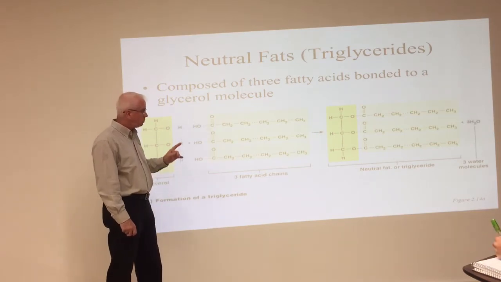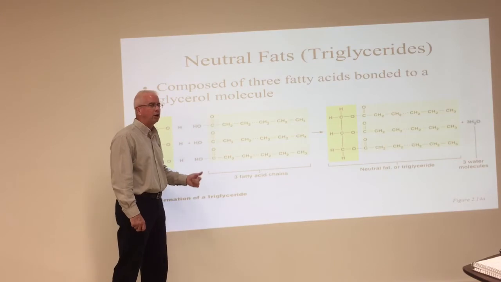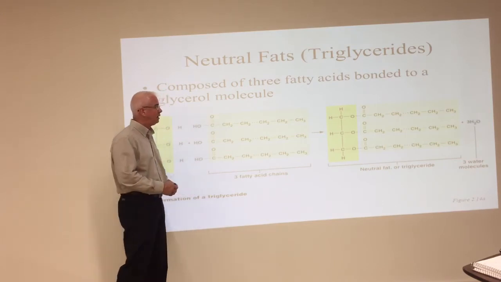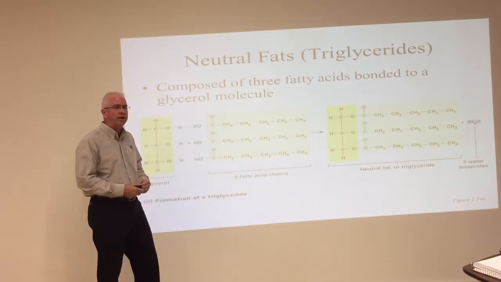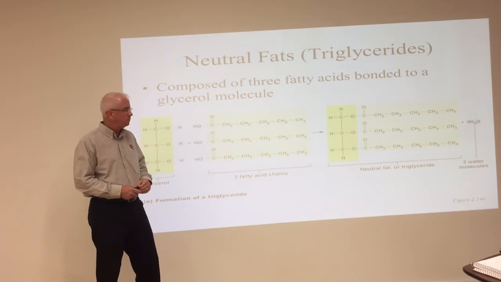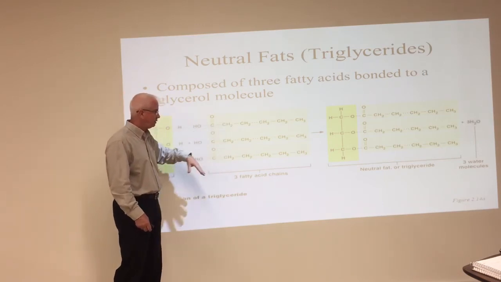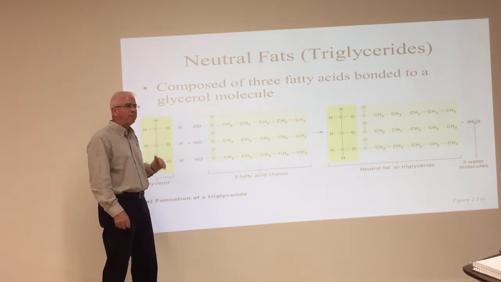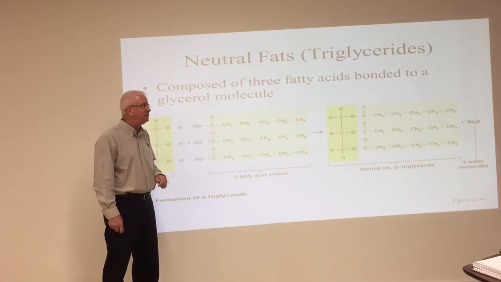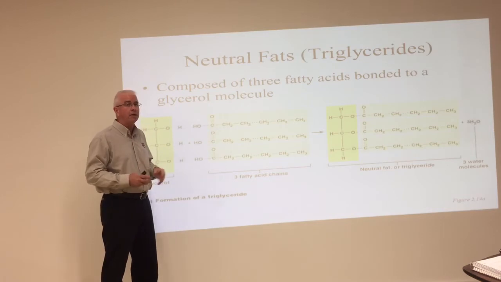Now, the other really popular way to talk about triglycerides in our society today is to talk about saturated and unsaturated fats. So this picture here, with these 3 fatty acid chains, is a picture of a prototypical, completely saturated fat, very common in animal tissues.